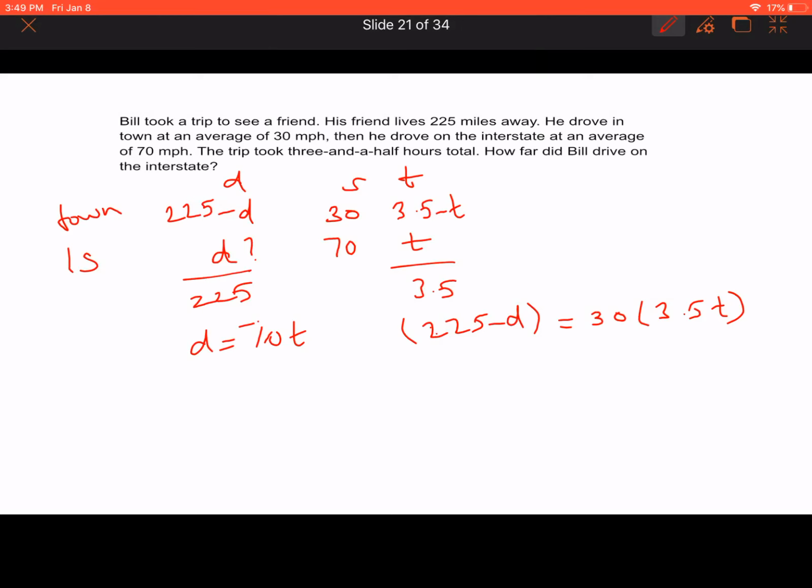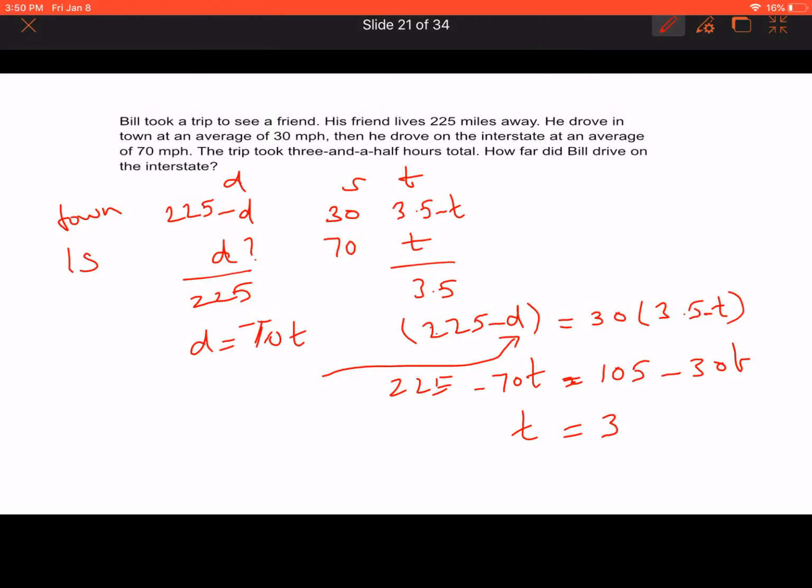Okay, what we can do is substitute the value of D into here, which will make 225 minus 70T equal to 105, sorry, there is a minus here, minus 30T. And when we solve this, we get T is equal to 3.